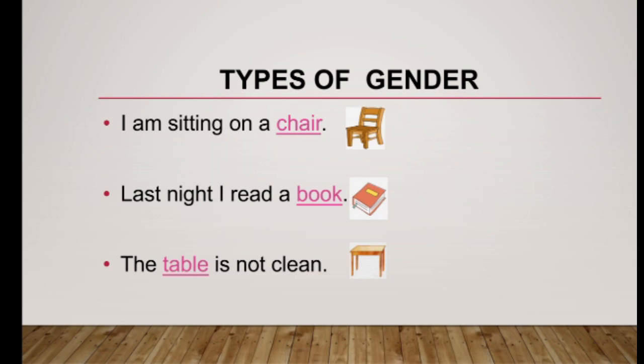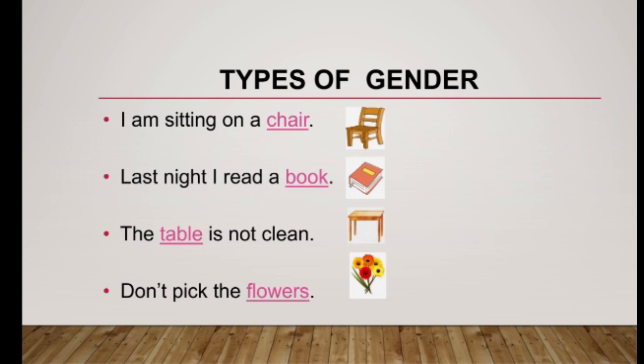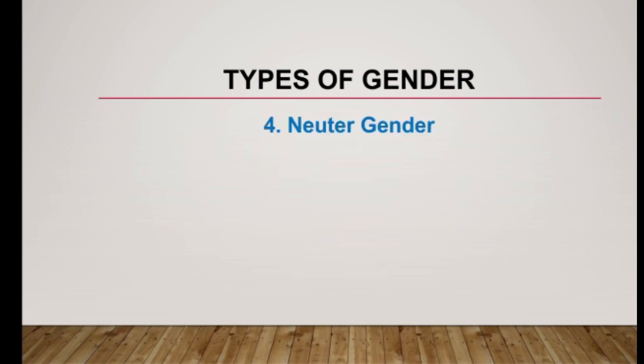No. Is it female? Of course not. The last sentence now. Don't pick the flowers. What are flowers? Male? No. Female? No, they're not. So the words chair, book, table, and flowers neither are male nor female. They belong to the fourth category of genders, that is neuter.